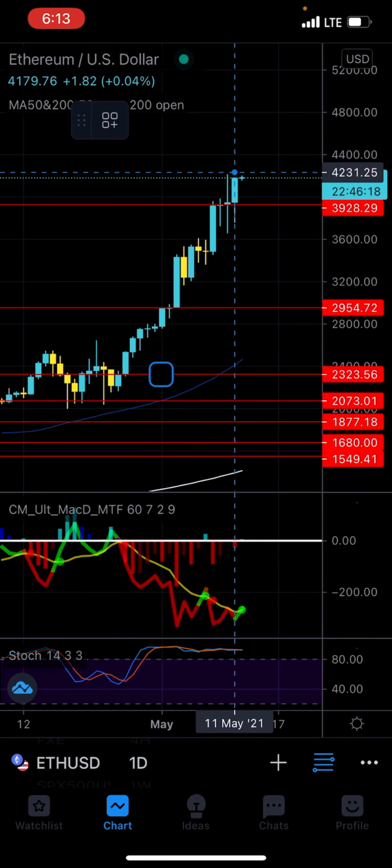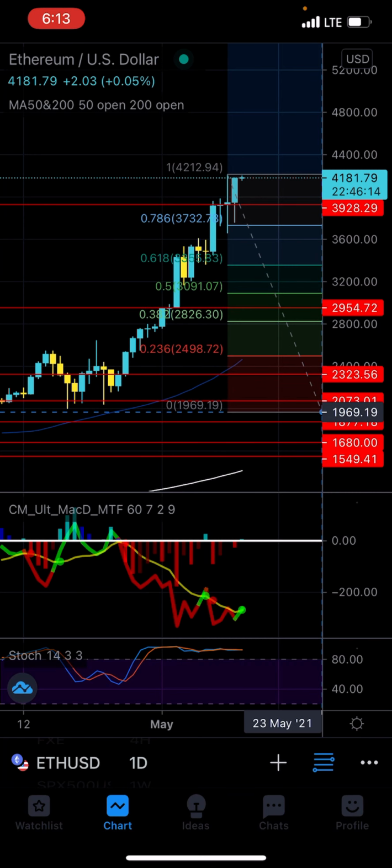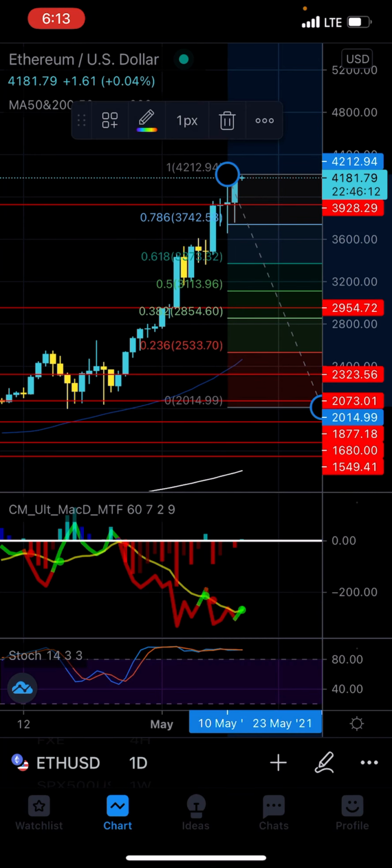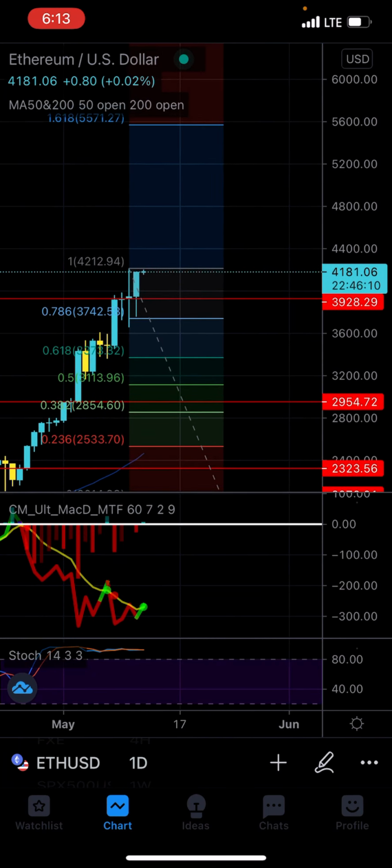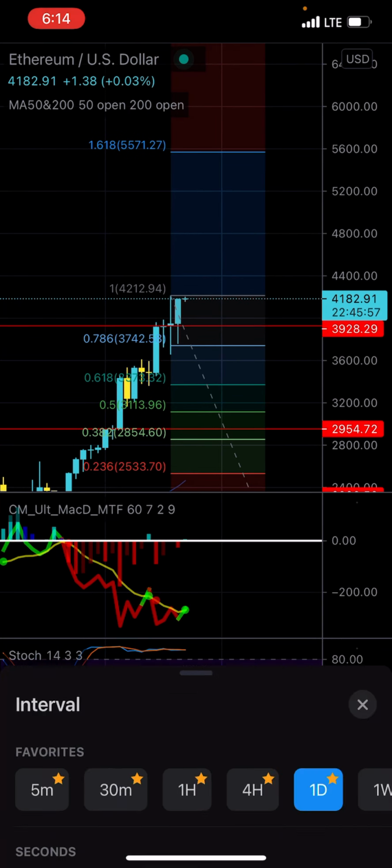So we'll do highs to recent lows. As of right now, if we do end up with a straight shot up, I think the next reasonable price zone is probably that 5,500 level for Ethereum.